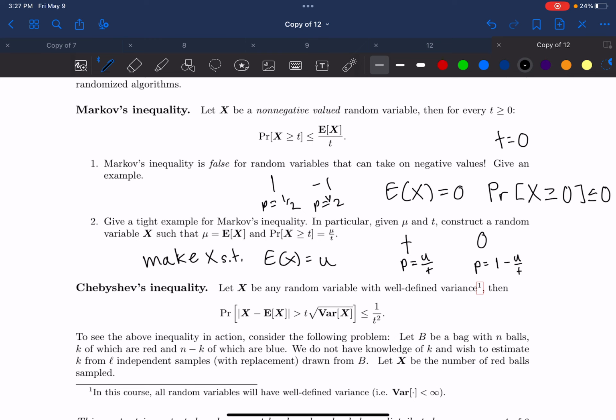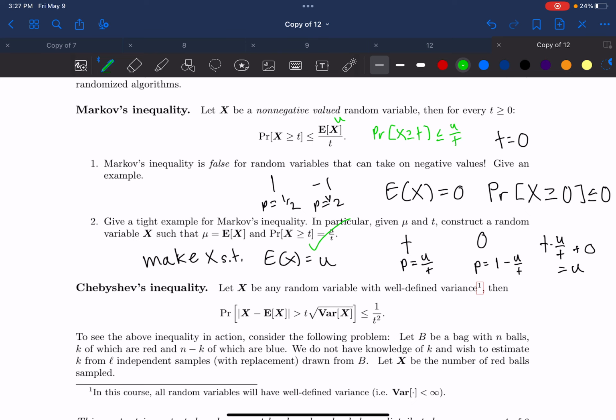We can see that the expected value of this is going to be t times mu over t plus 0, which is going to be equal to mu. So that checks the expected value requirement. And in terms of the probability, we simply substitute in this value for our expected value of mu. And then that tells us that our probability of x being greater than or equal to t is less than or equal to mu over t.